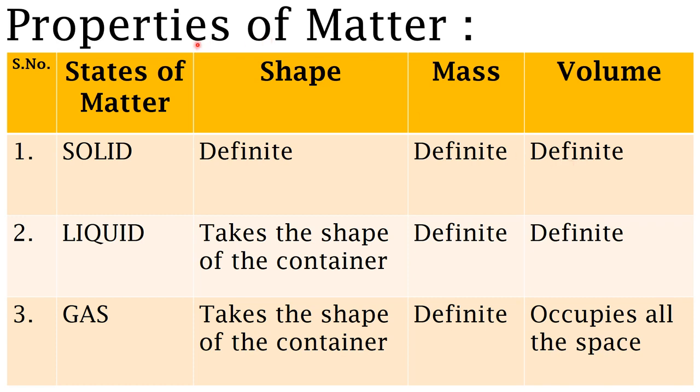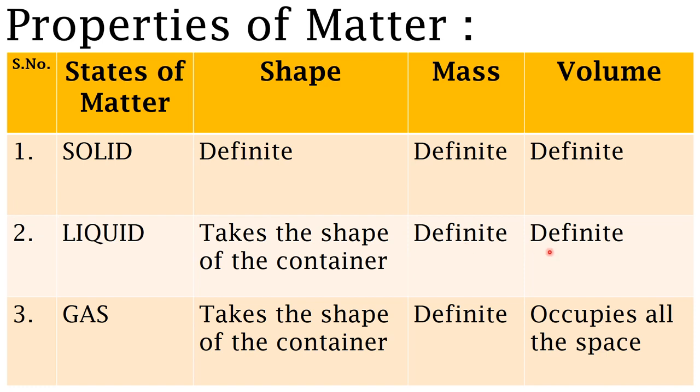I have summarized all the properties of matter in this table. Let's start and reiterate all the properties. States of matter: solids have fixed or definite shape. Mass, again definite. Volume, definite. If we talk about liquid, it takes the shape of the container. Yes, its mass is fixed or definite.